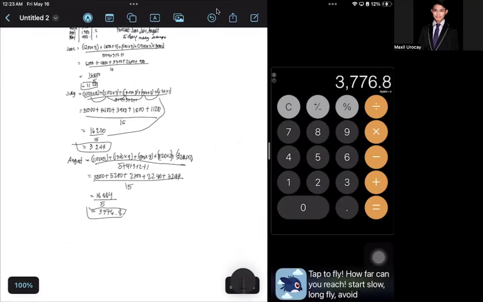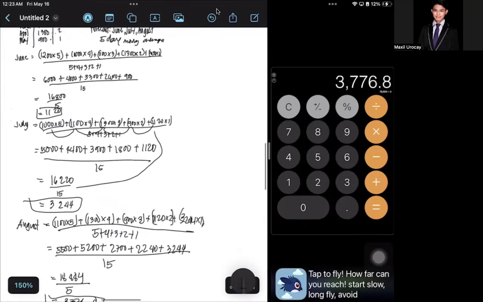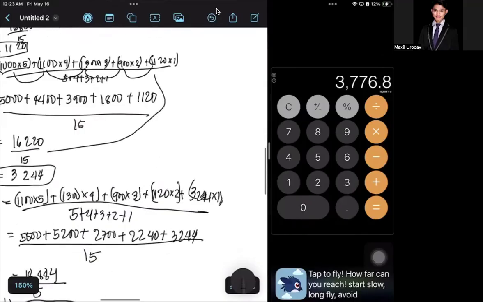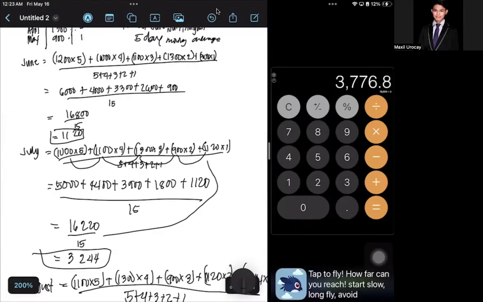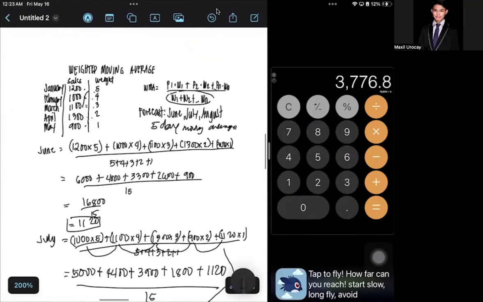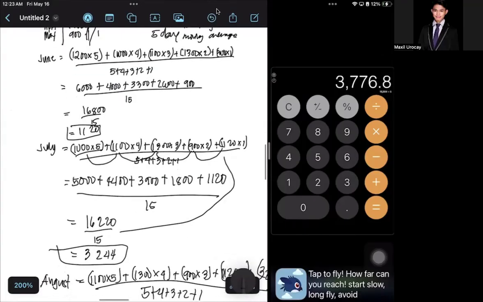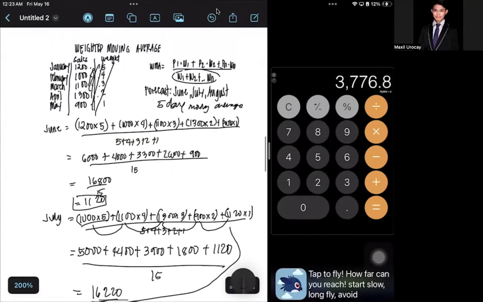If you begin to graph it, you just have to analyze it. Basically, this is how you do the weighted moving average: you reuse the weights and shift the data to the first weight, and reuse and reuse until you finish.